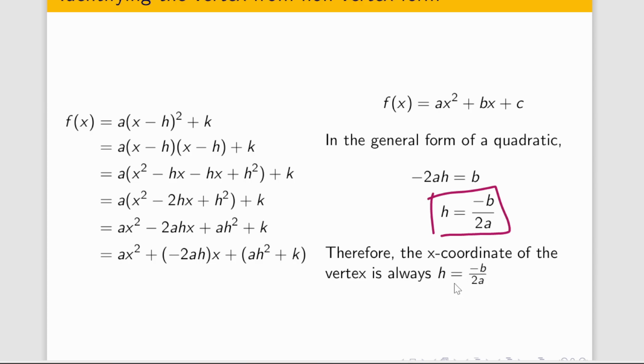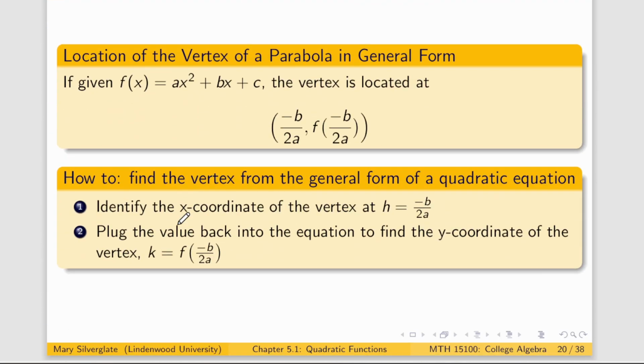There are some places online that will give you a very complicated formula for the y-coordinate of the vertex. I don't recommend doing that. Once you know the x-coordinate of the vertex, you plug it in to find the y-coordinate. That is much simpler and also shows that you actually understand what you're doing.